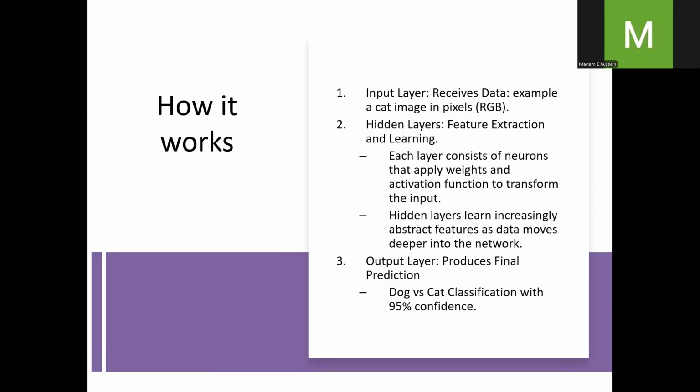Hidden layers will keep learning from the data as it continues to move from one layer to another, applying weights, passing to an activation function, moving deeper and deeper. And then the output layer will provide us with our final prediction. It will tell you that this is a dog or a cat, and it will also tell you the confidence.